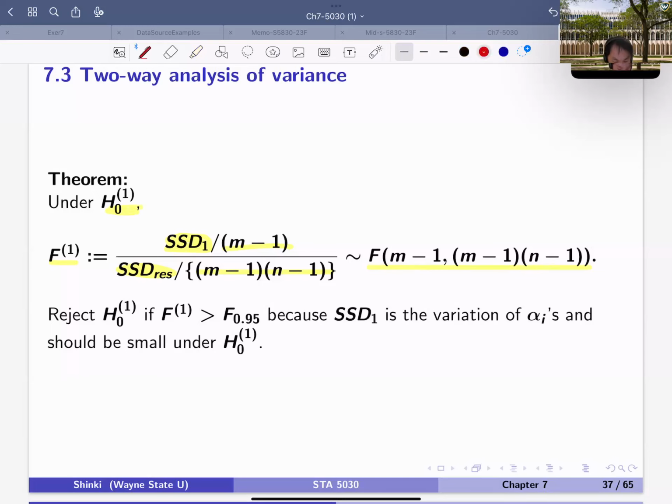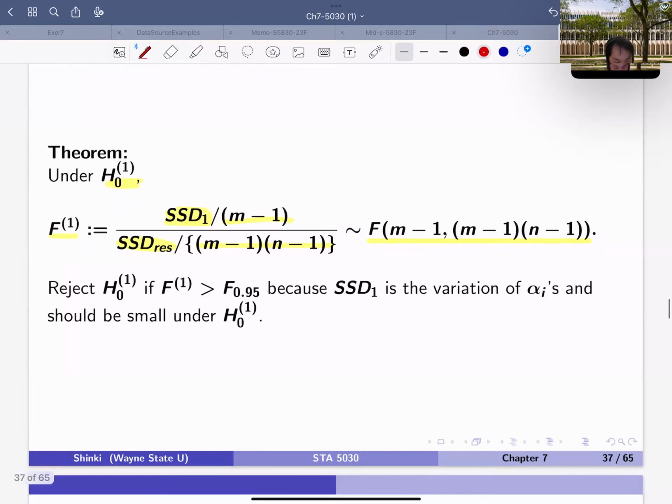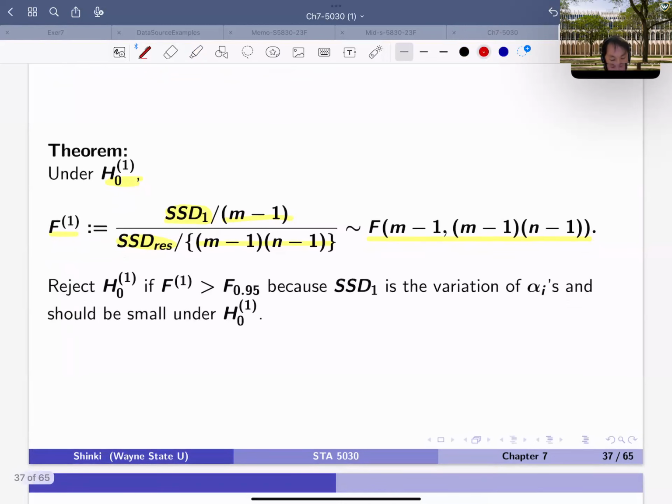If F superscript 1 is large, then we reject the null hypothesis and say factor 1 matters. So the rejection region is F superscript 1 larger than some threshold. If the significance level is 5%, then we use the 95th percentile of this F distribution.